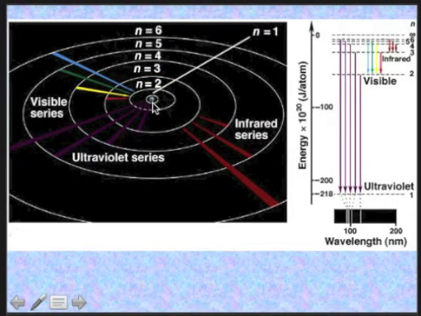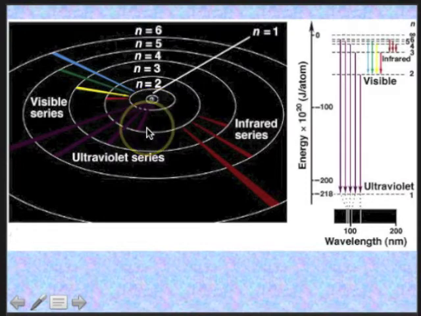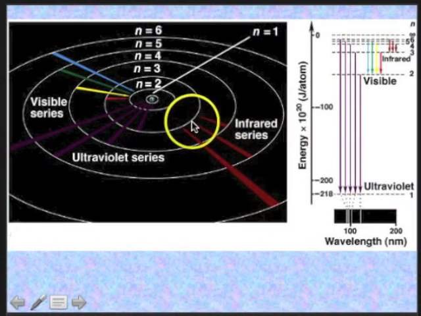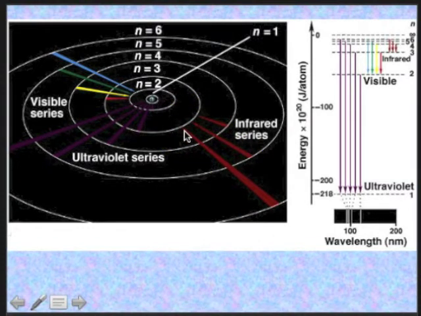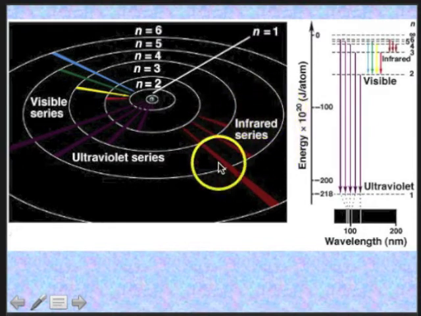The energy produced is so large that the light that is emitted is in the ultraviolet region of the spectra, a region of higher energy than visible light. Whereas electrons making jumps from higher energy states to n equals 3 produce energy which is less than that in the visible region, in the infrared region of the electromagnetic spectrum.